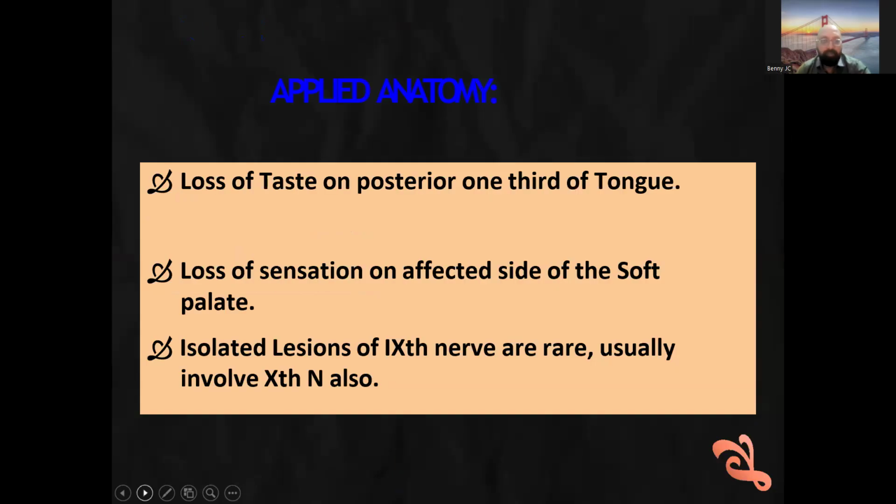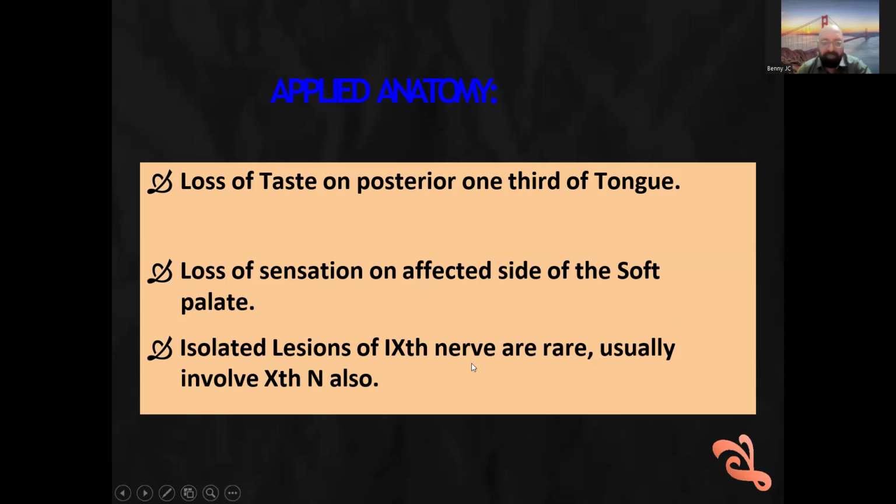With any injury to the glossopharyngeal nerve, we lose the taste sensations from the posterior one third, because the circumvallate papillae is where you have the maximum number of taste buds, and the sensation of taste is carried through the glossopharyngeal nerve fibers. The sensation coming from the soft palate, some of it is general, some of it is taste, so these are also lost.